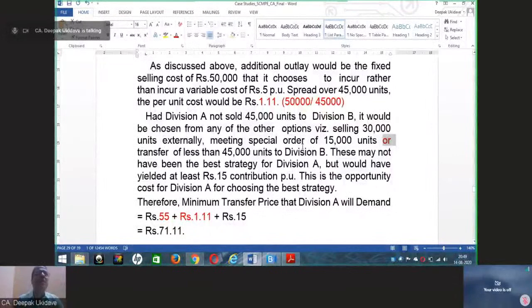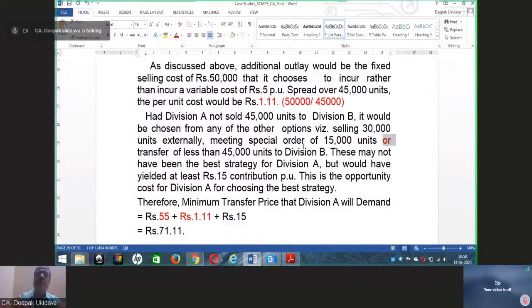So when you say that you are choosing the best strategy of supplying 45,000 units to division B and 5,000 to external market, you are deprived of 15 rupees contribution from other 3 options. So what division A is deprived of is an opportunity cost of best strategy. Now you all are finance students, so in costing always we have this opportunity cost concept which you have been learning right from intermediate.